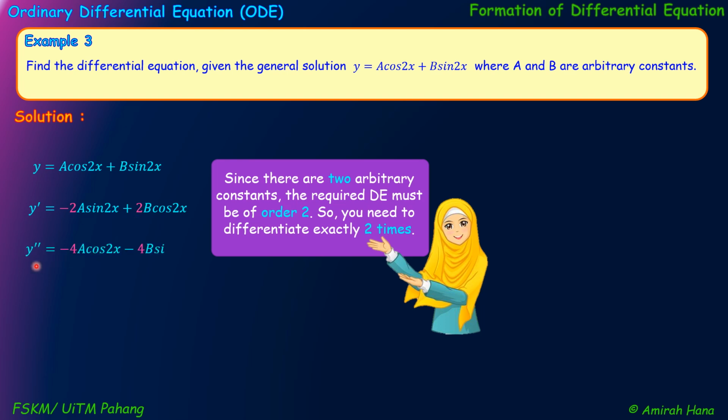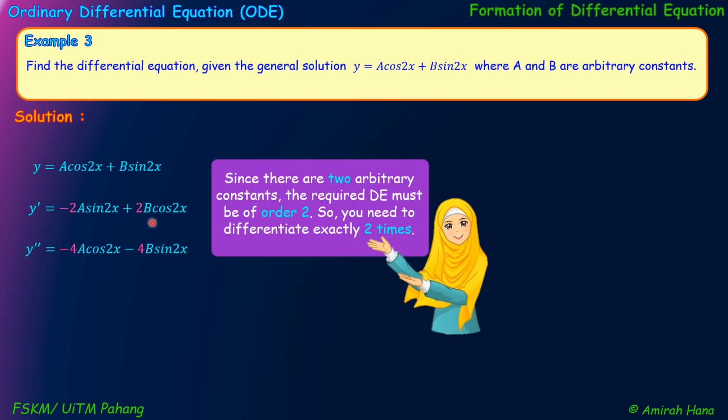After that, we find y double prime. We differentiate from y prime. Since there is multiplication with constant negative 2a, we still have constant negative 2a in front. Then we differentiate sin 2x, we get positive cos 2x. Then we differentiate 2x, so we get 2. 2 times negative 2a, so we get negative 4a.